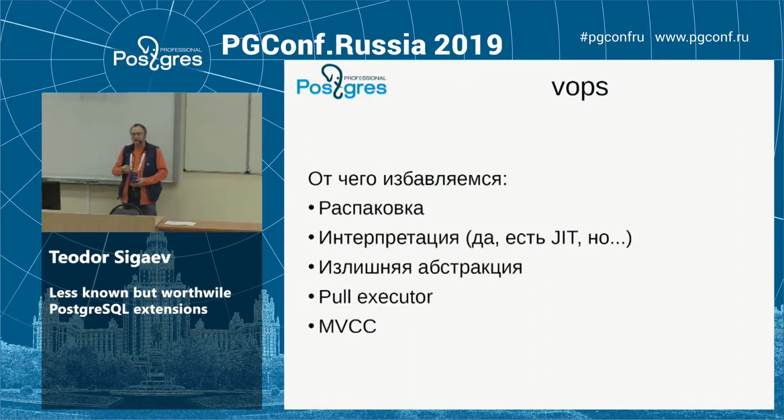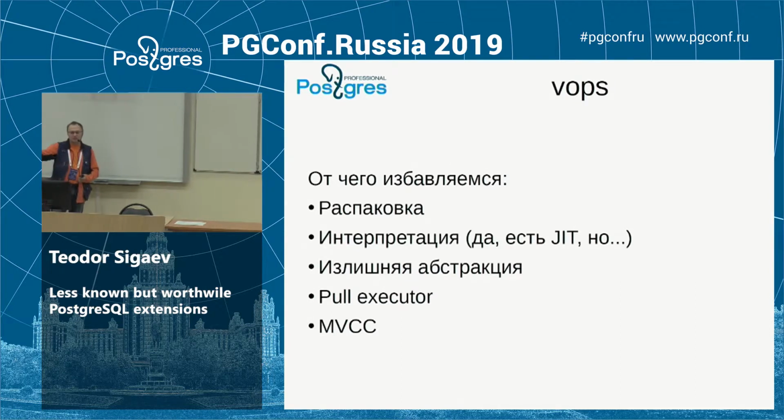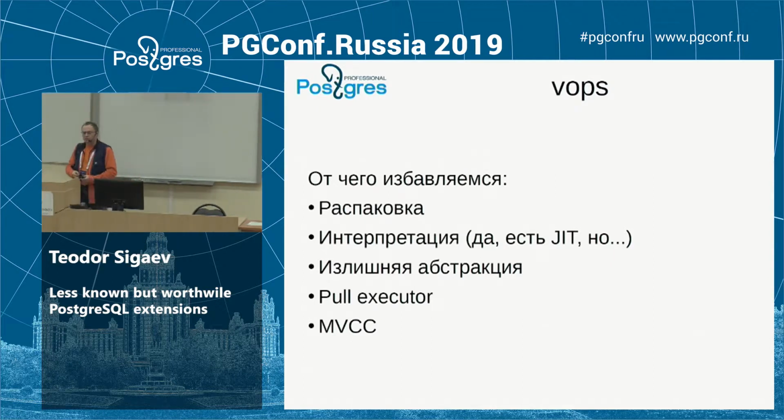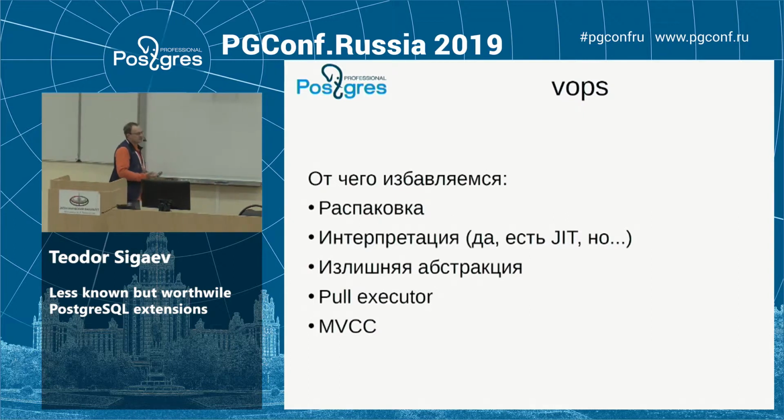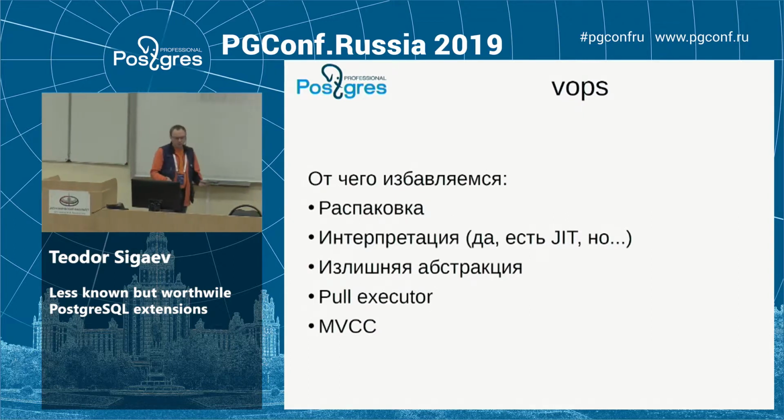So it's easy to understand how it operates, but unfortunately it's unpredictable for the processor. We always change the context, jumping from one node to another and backwards. And push executor does not have such a problem, but it's a bit heavy or hard to understand. It's even hard for me to explain.